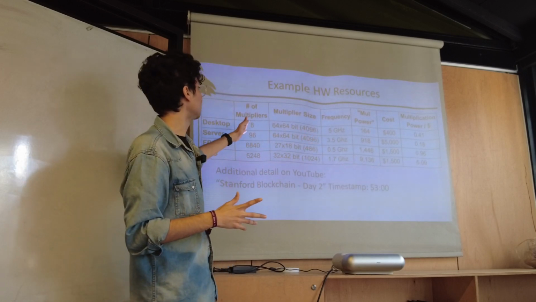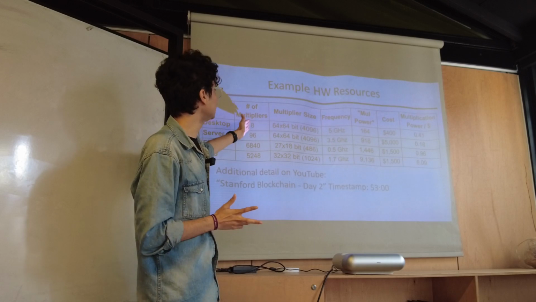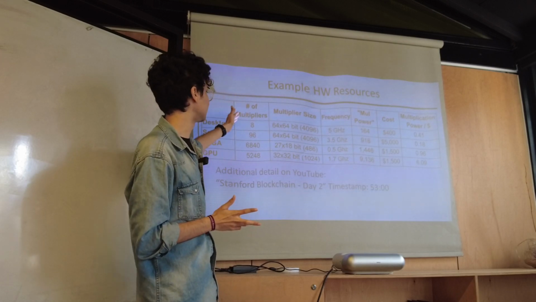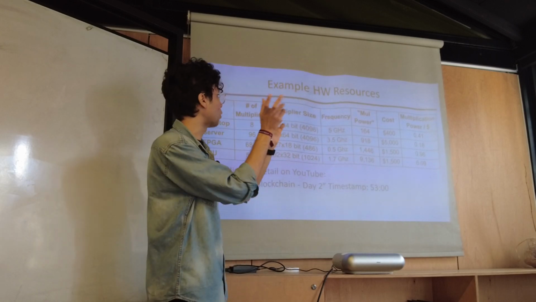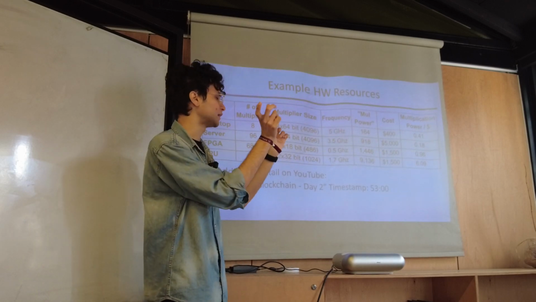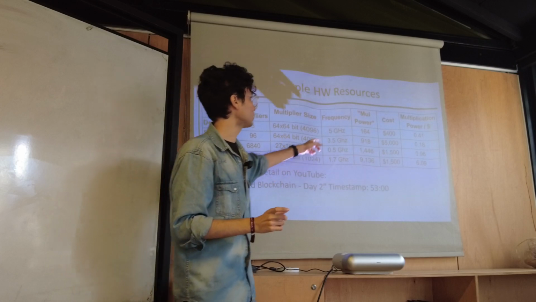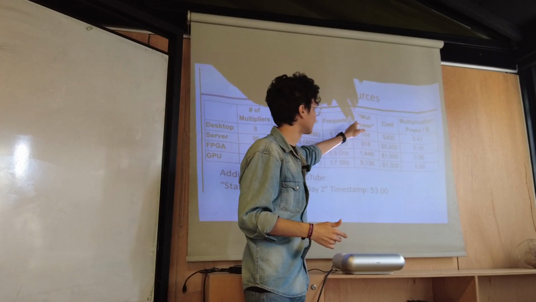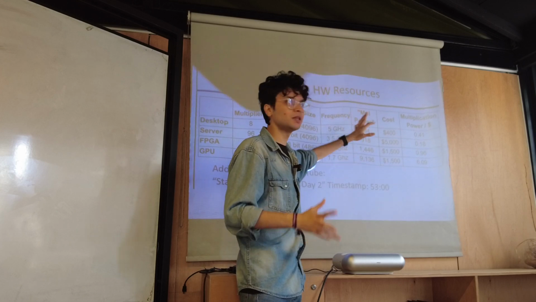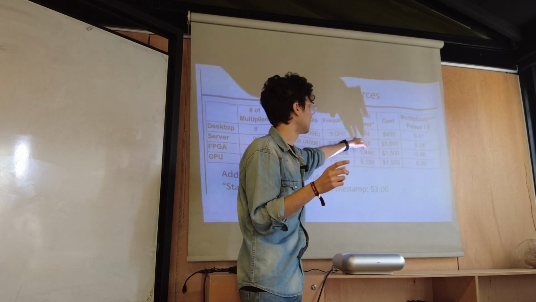So we can quickly take a look at how many cores these things have. What is the size of the registers? Like how much can we actually multiply in one single instruction? And what is the frequency of the chip? Based on that, we can calculate what is going to be the power of the modular multiplication operation.